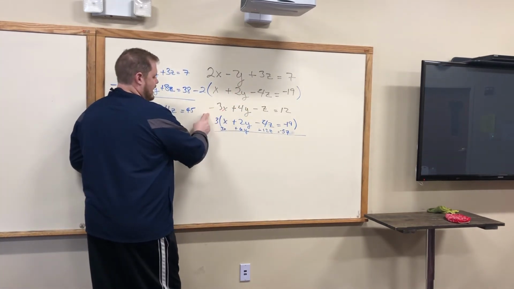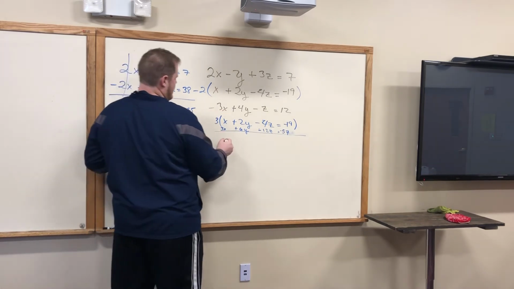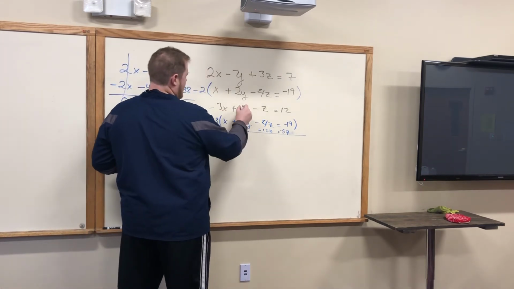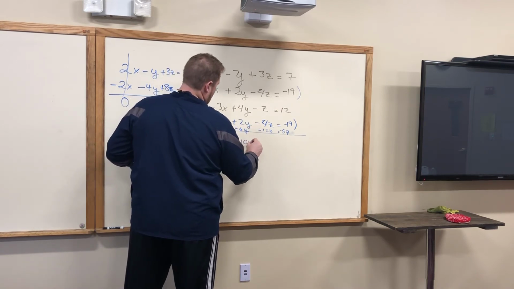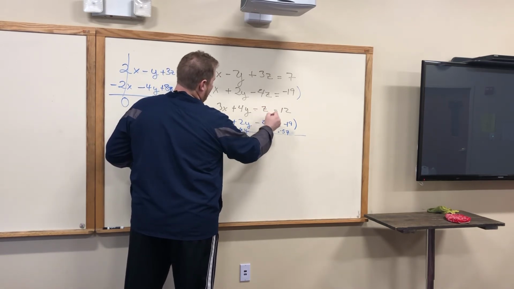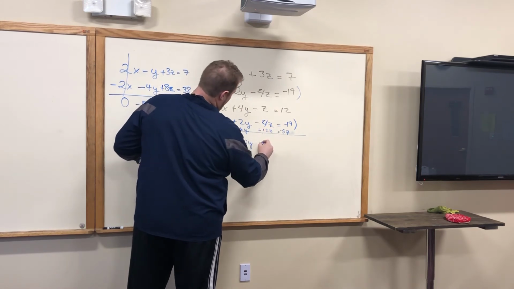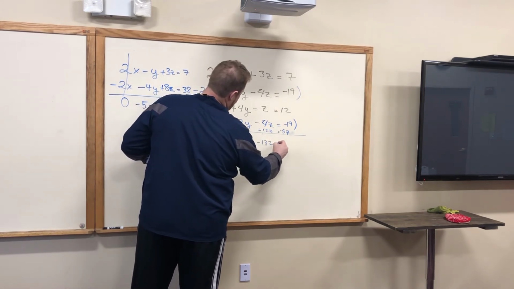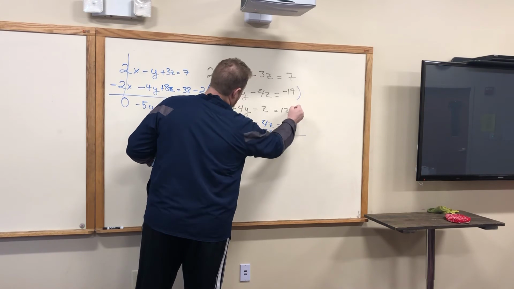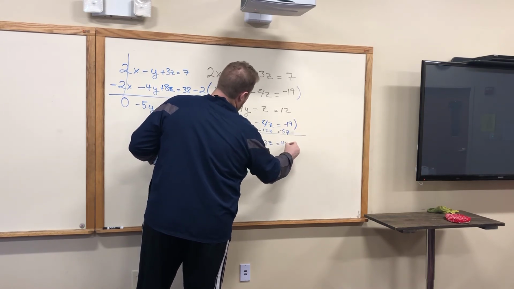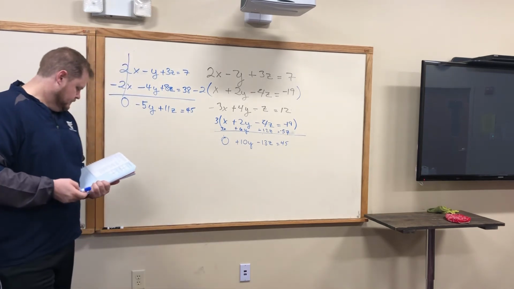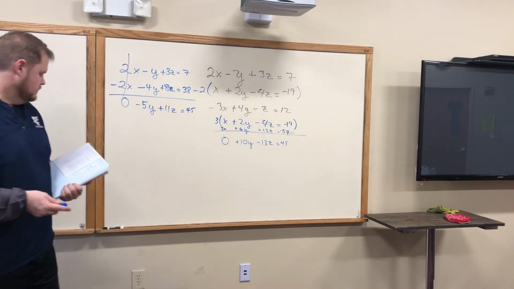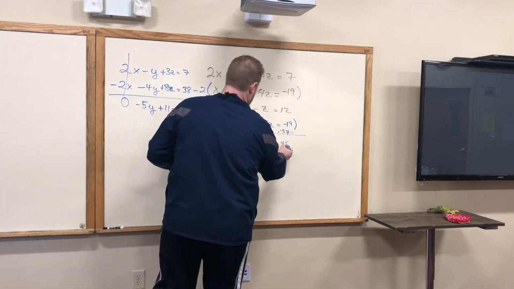Negative 3x plus 3x gives you 0. 4y plus 6y, 10y, minus z minus 12 is going to give me minus 13z equals negative 45. All right, negative 45.